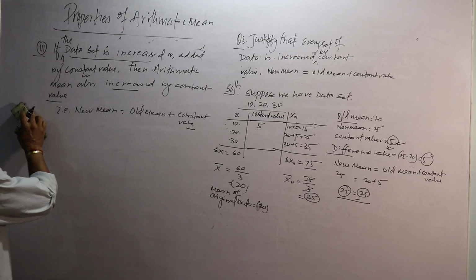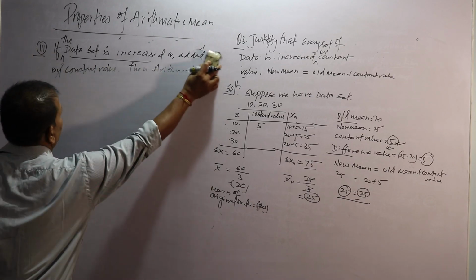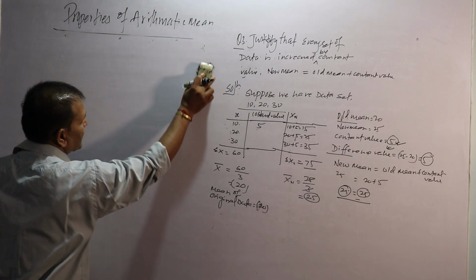So now feature number 4. What is the property of feature 4?